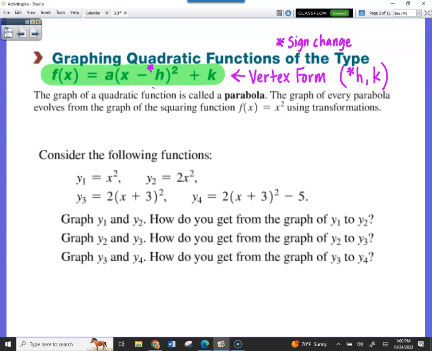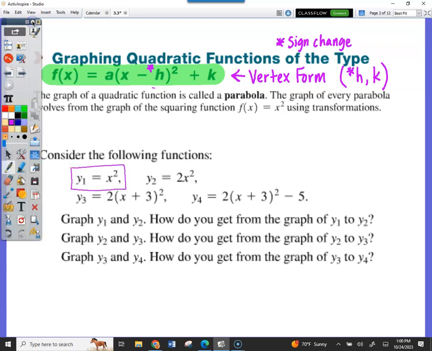Coming right here to these examples, let's box this one in. This one is the mother function, y equals x squared. That is the basic parabola that has had nothing done to it. This should ring a bell from our last chapter.